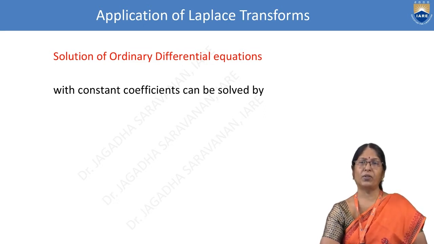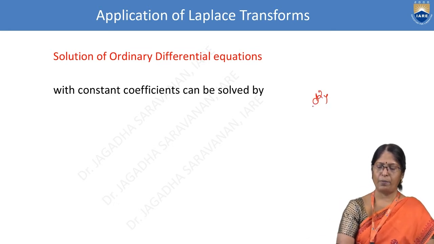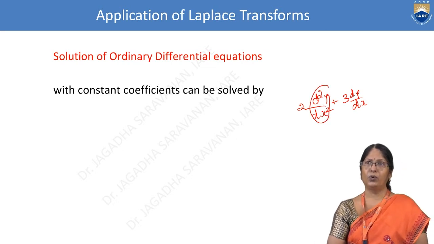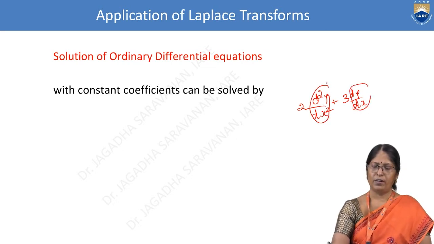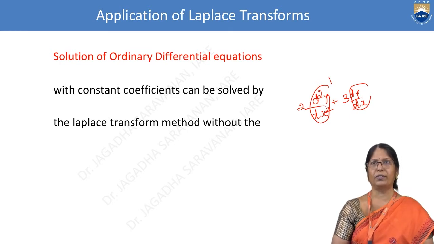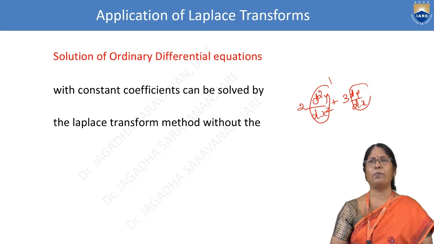Now, if you are taking ordinary differential equations, d square y by dx square plus 3 dy by dx, we know here the order is 2, here the order is 1. So the highest order is 2, the degree is 1. To solve this ordinary differential equation with constant coefficients, the Laplace transform method is very easy and less time consuming.